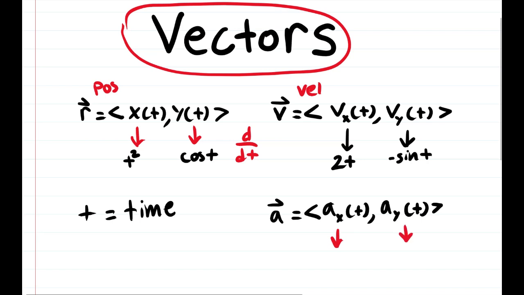Well, if you take physics, you know acceleration is the derivative of velocity. So the x component of the acceleration would be 2, and the y component of acceleration would be the derivative of negative sine of t, so it would be negative cosine of t. And you can go on and on, but the main spheres of motion we talk about is position, velocity, and acceleration.